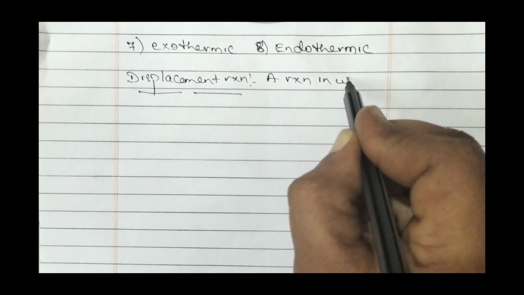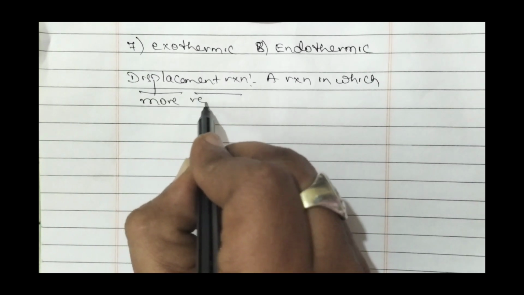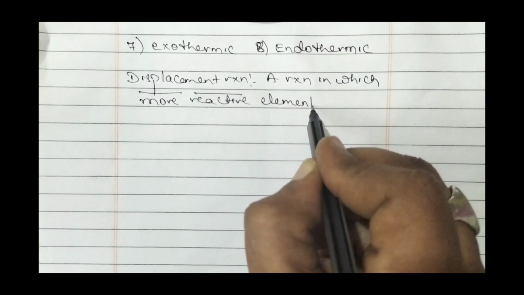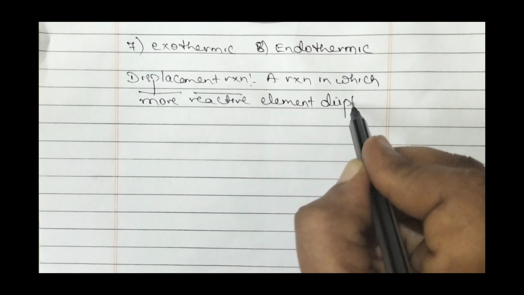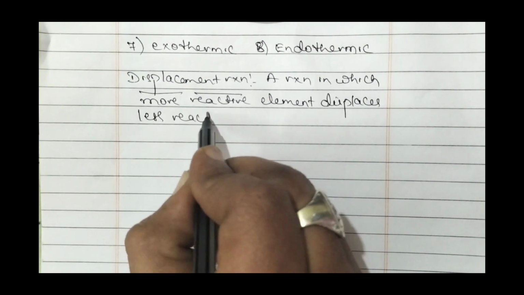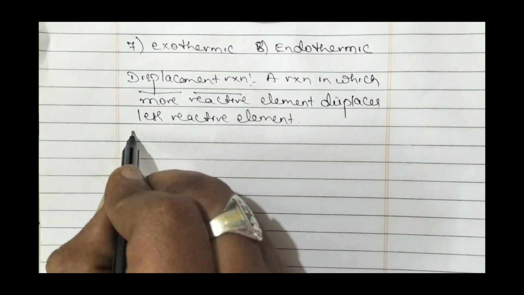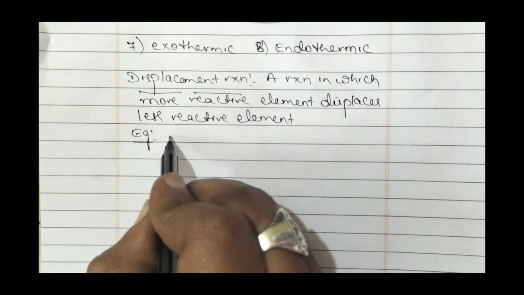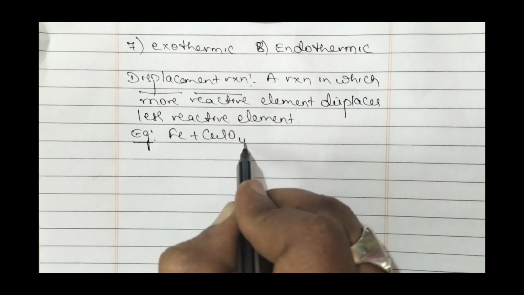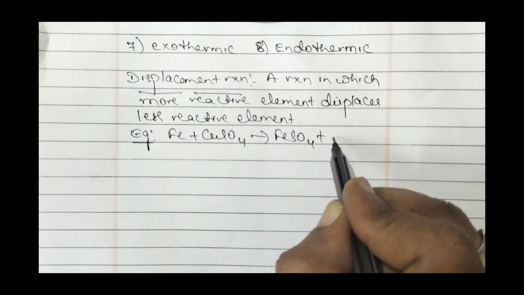A reaction in which a more reactive element displaces a less reactive element. Let us take an example. When an iron nail is put into copper sulfate solution, it forms ferrous sulfate and displaces copper.